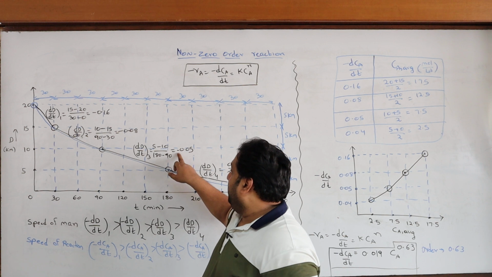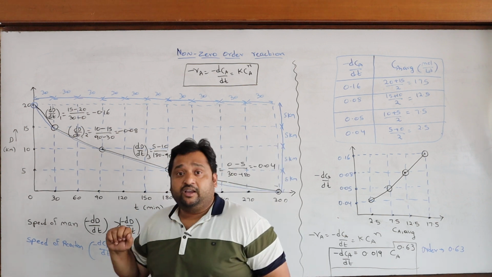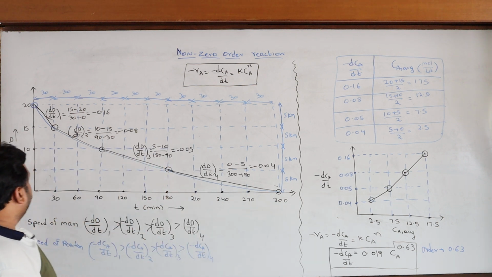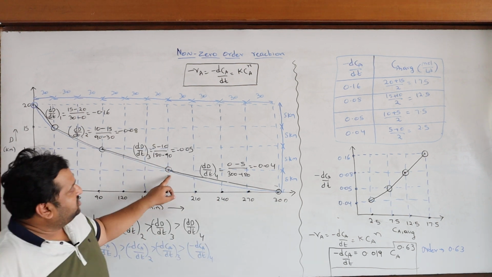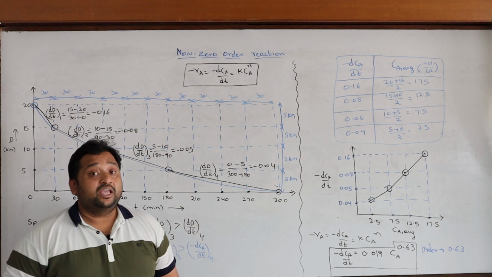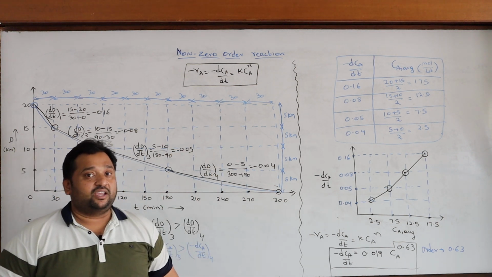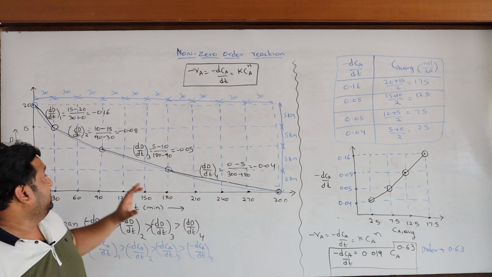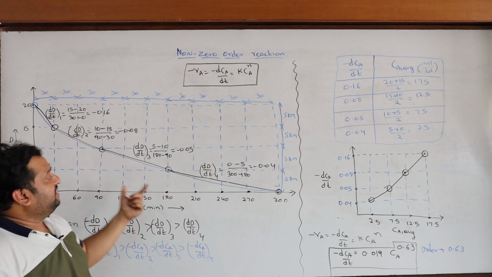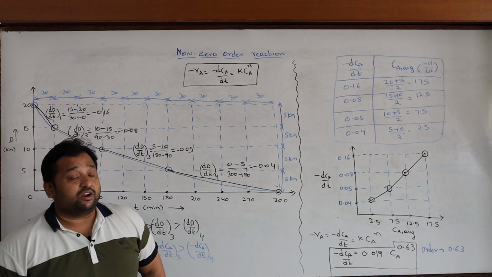Now the speed is 0.05 kilometer per minute, and for the last 5 kilometers, from 5 to 0, he has taken 180 to 300, even more, 120 minutes. You can imagine, the starting speed of the person is higher, the ending speed of the person is lower.